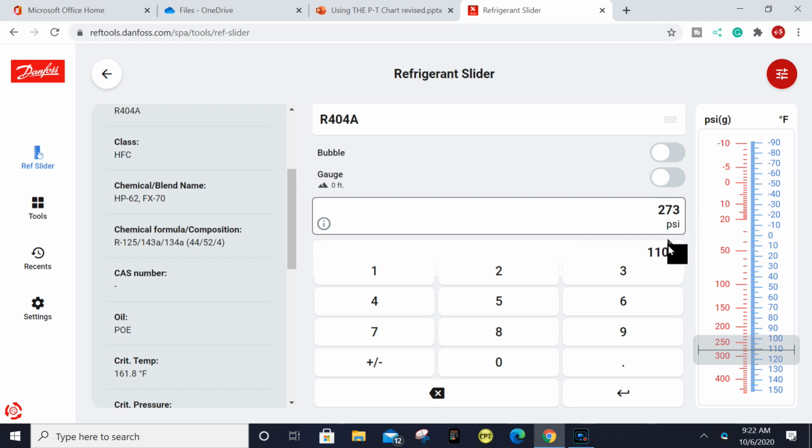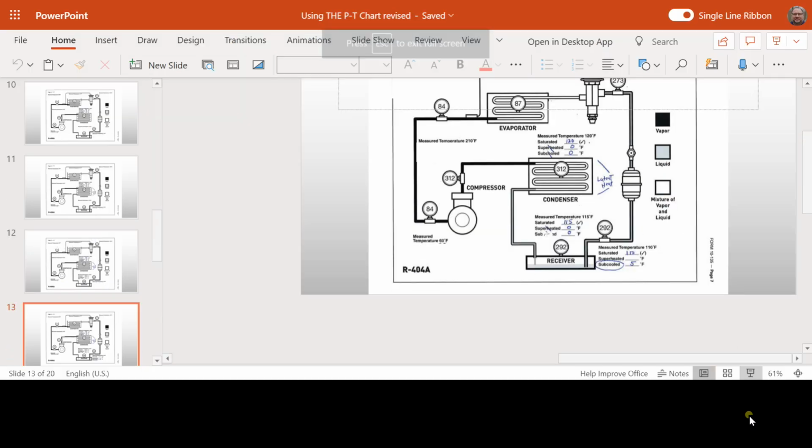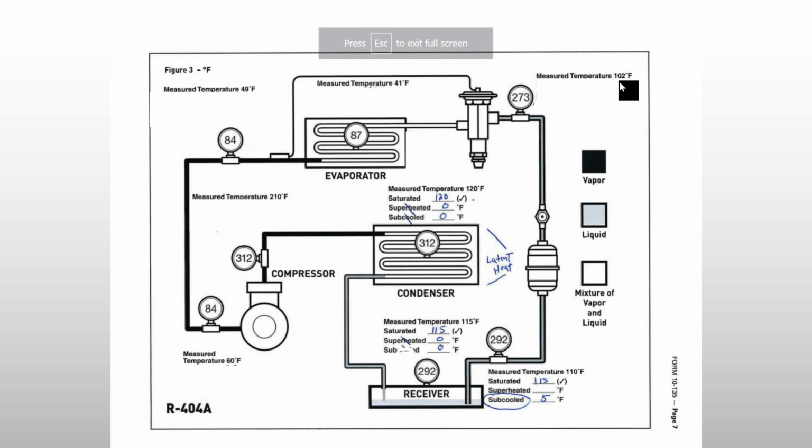So 273 gauge pressure is 110. We'll come over here. Our measured temperature is 102. Remember, this was 110 converted. So how much subcooling do we have here? 110 subtract 102 is 8 degrees. So we have 8 degrees subcooling.